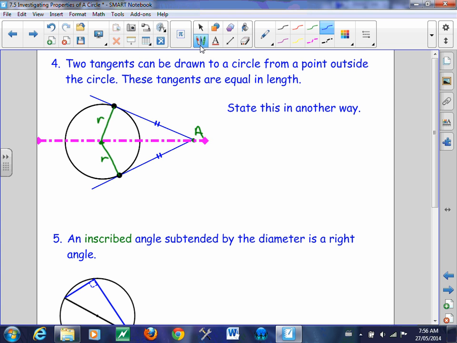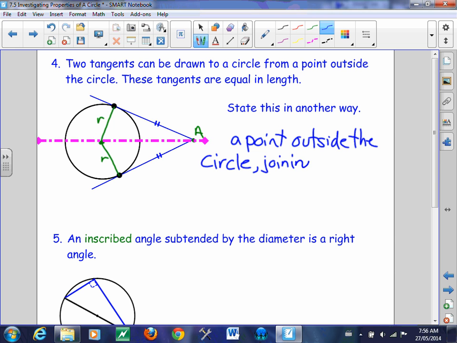You could say a point outside the circle joining two tangents will be equal in length.